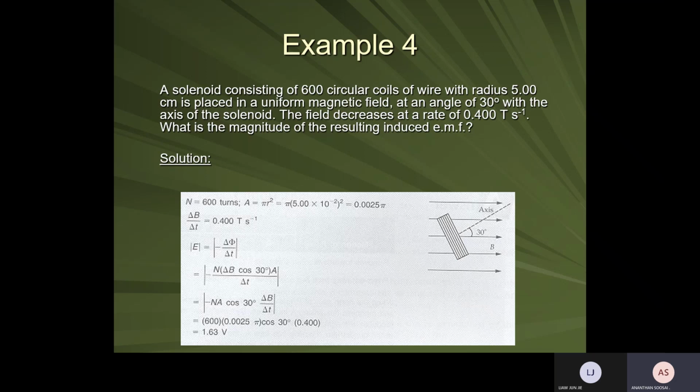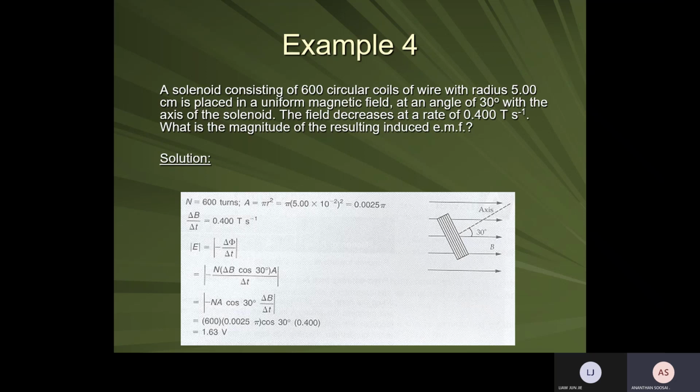What is the magnitude of the resulting induced EMF? How much EMF is generated in this solenoid? Same idea, right? EMF is the rate of change of magnetic flux linkage. So NBA cos 30, over the time.